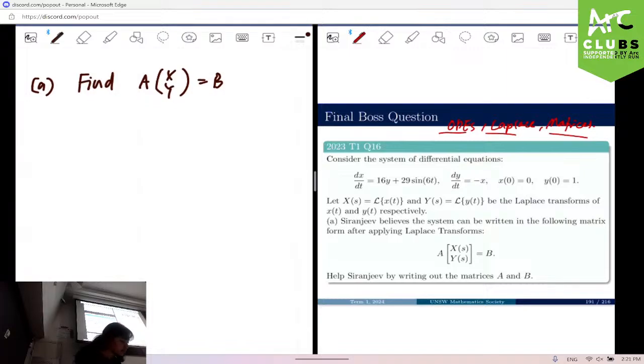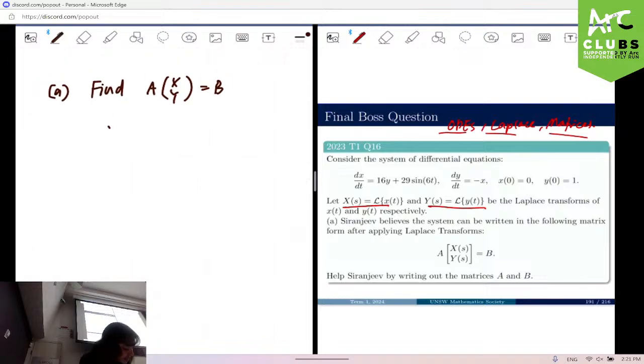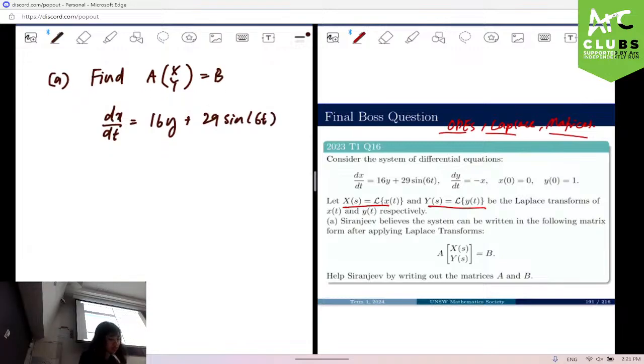So how to do that? First of all, they want you to find the Laplace form of each of these ODEs. So let's find the Laplace form of dx/dt.